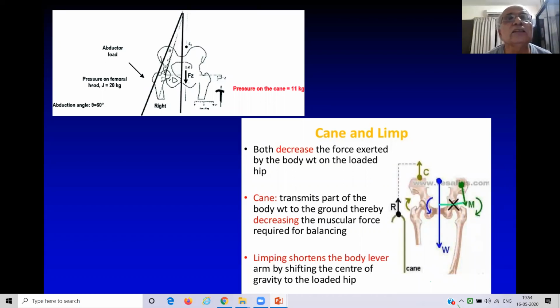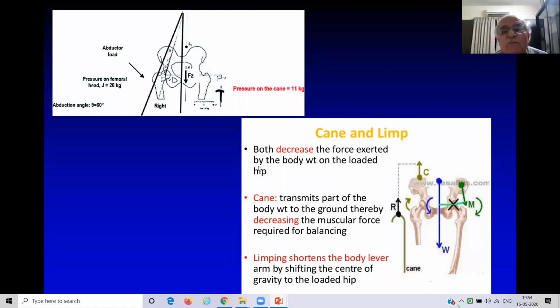So this figure also shows that if you look at this, instead of going to S1 here, this has completely changed. It has come towards the hip, the affected hip. So this part of the body lever arm has reduced, and the cane takes almost about 11 to 12 kgs on that side, and it will reduce the amount of forces.